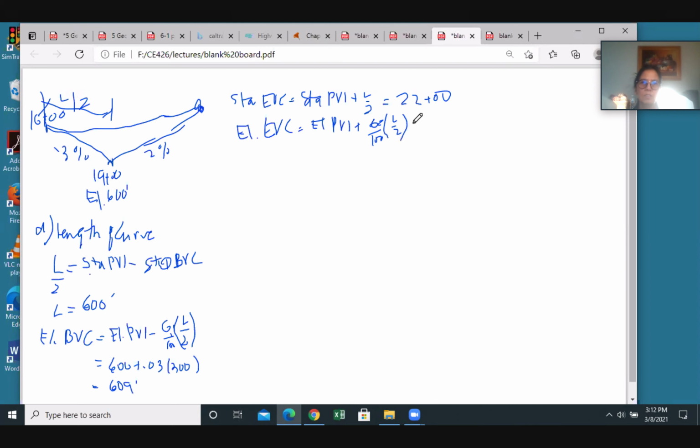So 606 feet is the elevation of the EVC.